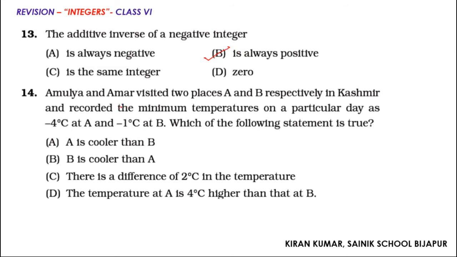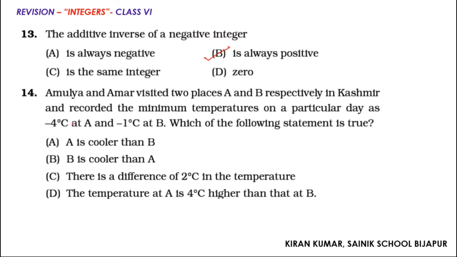Question 14. Amulya and Amar visited two places, A and B respectively, in Kashmir and recorded the minimum temperatures on a particular day as -4 degrees Celsius at place A, -1 degree Celsius at place B. Which of the following statements is true?